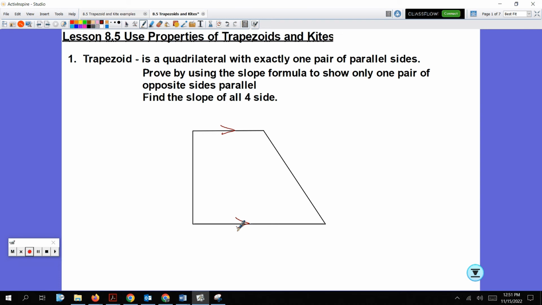You prove that by doing the distance formula. Just to reiterate the parts of a trapezoid, this is the base. This is also the base down here. And then these guys are the legs.